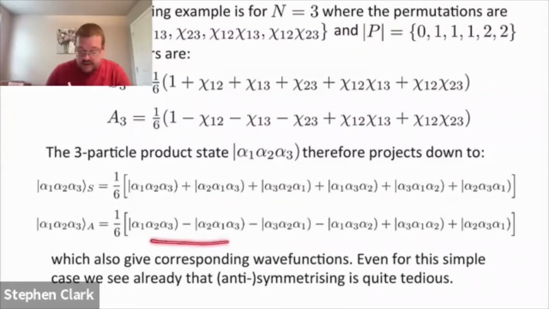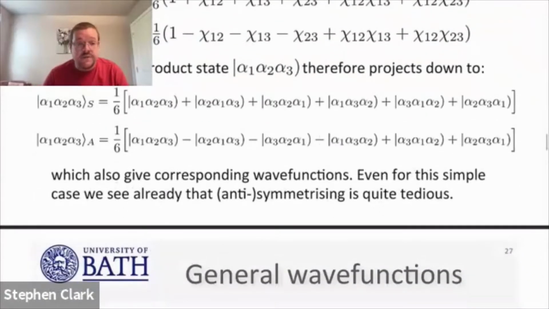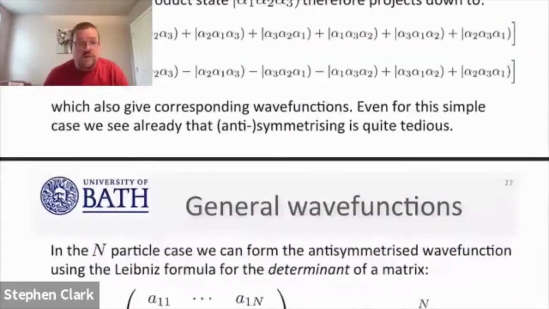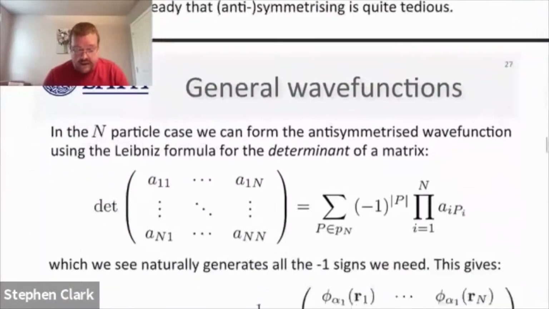And likewise, you anti-symmetrize, you get this one with 3 minus signs there. Okay, you can already see this is getting pretty tedious. Symmetrizing and anti-symmetrizing wave functions is not a very nice thing to do. In fact, it's growing factorially with the number of particles. So we'd really like to avoid that.